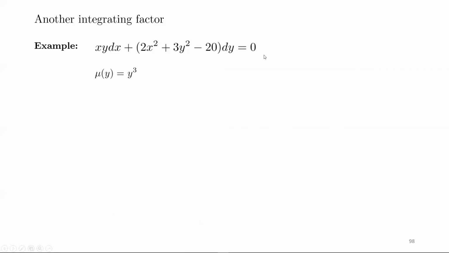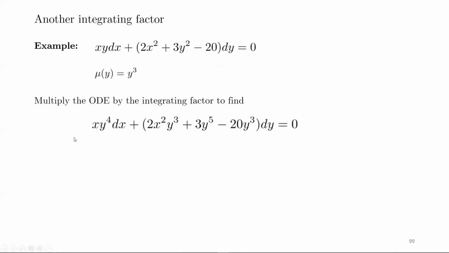So I've got my original non-exact ODE and my integrating factor, and I'm going to multiply the original ODE by the integrating factor. So x times y times dx times y cubed gives me x times y to the power of 4 dx. And similarly I multiply every term in the original N by y cubed, and we get this here.